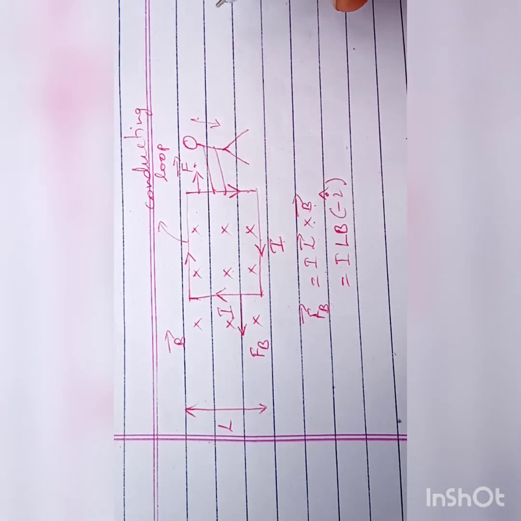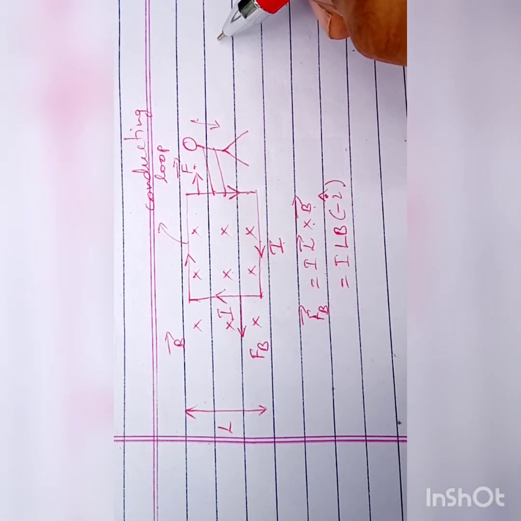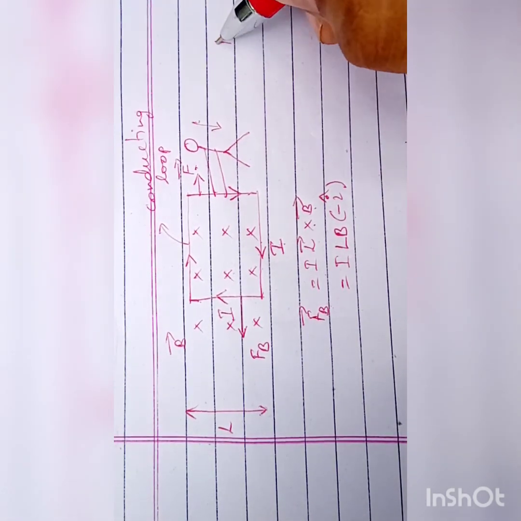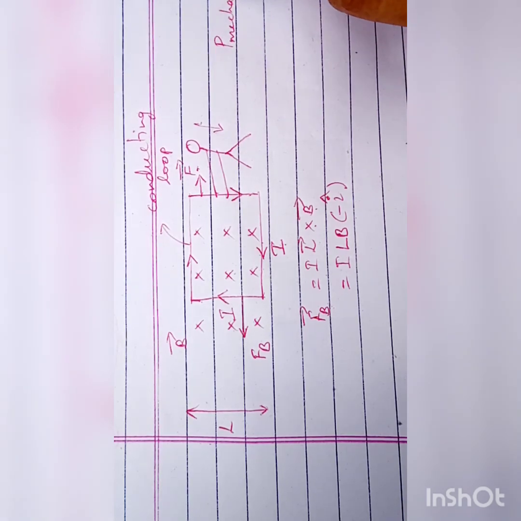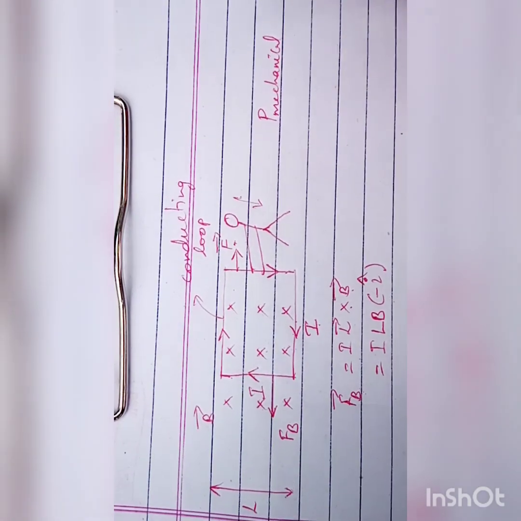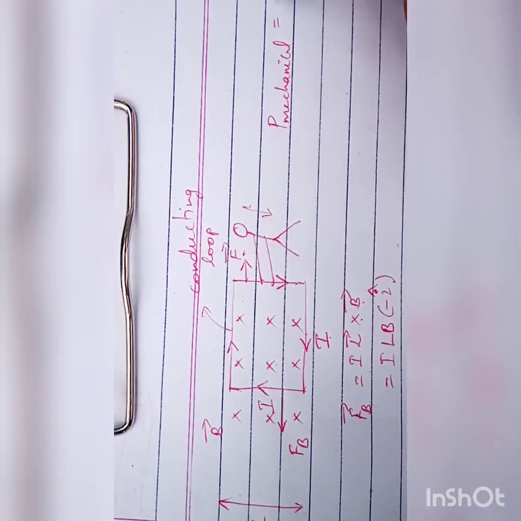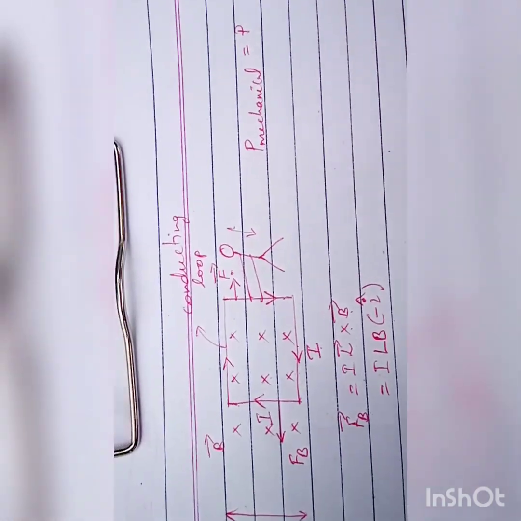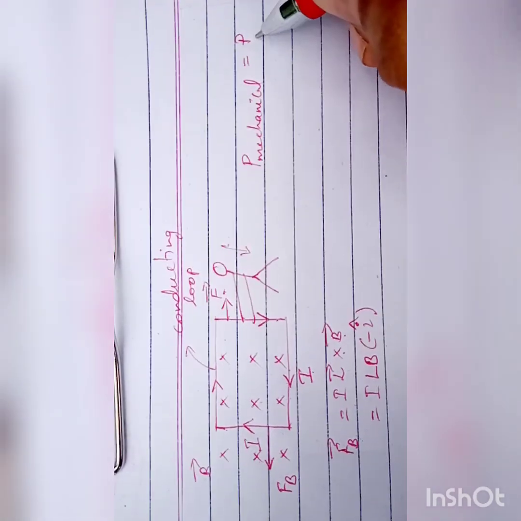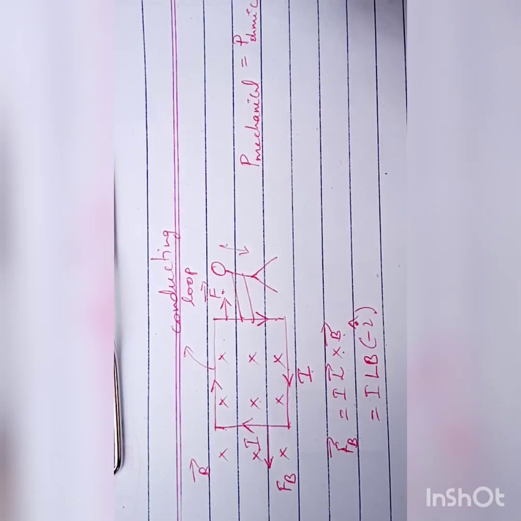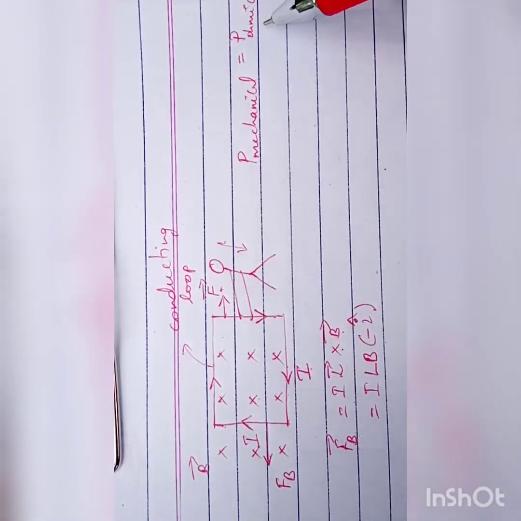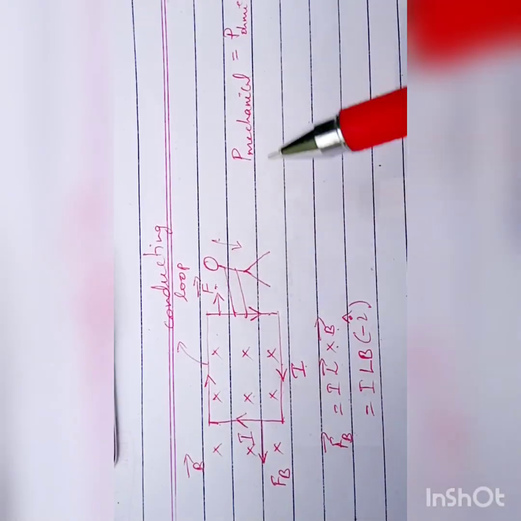So therefore I can write the rate at which he is losing energy is nothing but the mechanical power of the man, P mechanical, correct, P mechanical must be equal to P ohmic. That means P ohmic stands for the ohmic loss in this conductor. Okay, the power dissipated in this conductor.